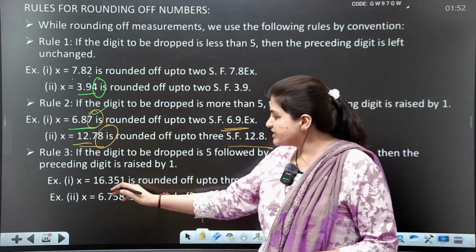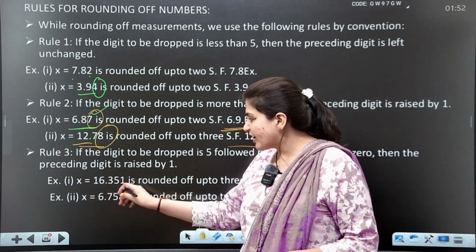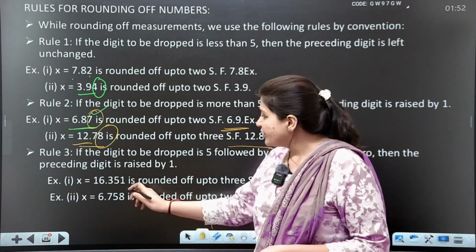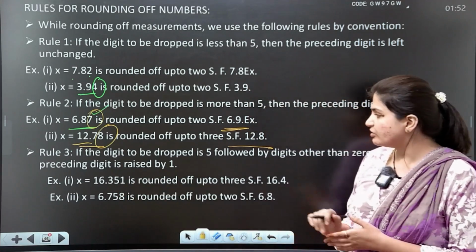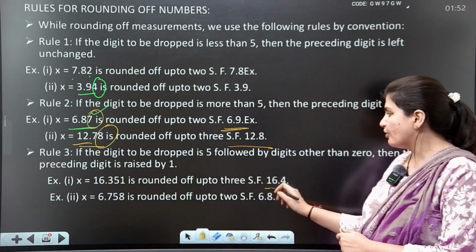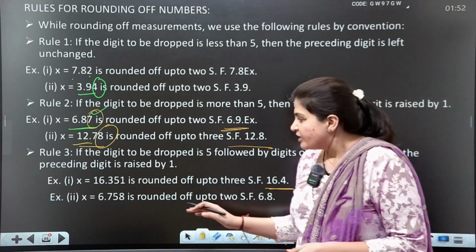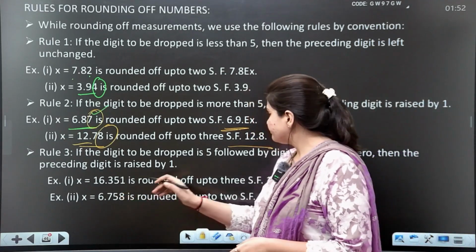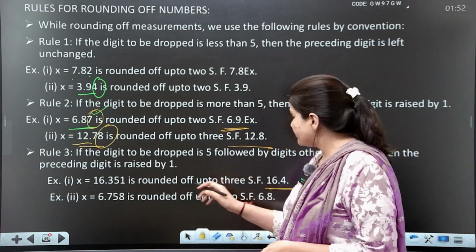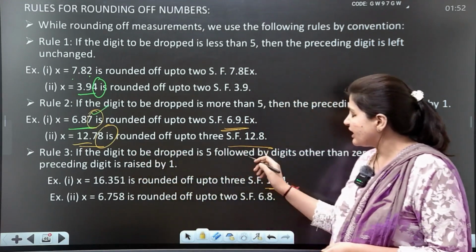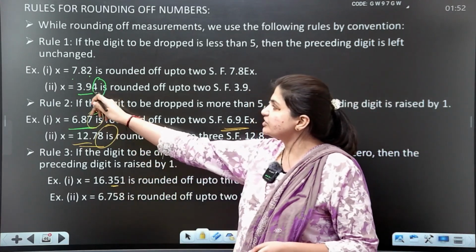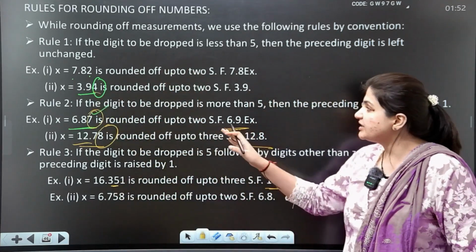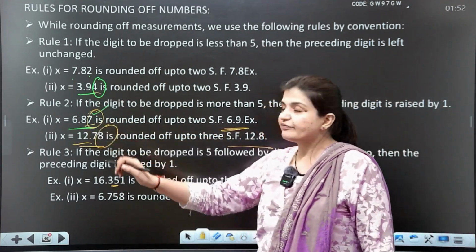So if we see 16.354, here the digit is greater than 5, so it is rounded to 16.4. Similarly, in the earlier case the digit was lesser than 5, and in this case the digit was greater than 5.